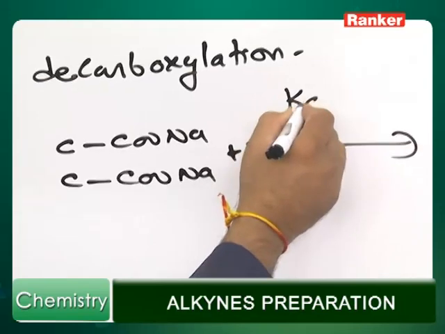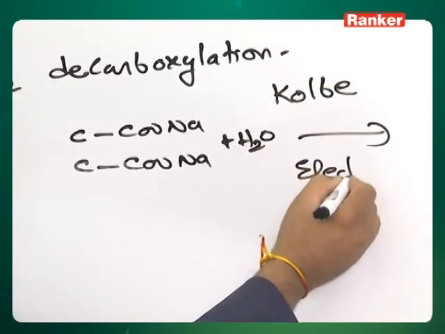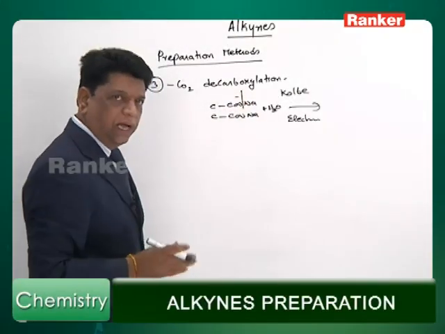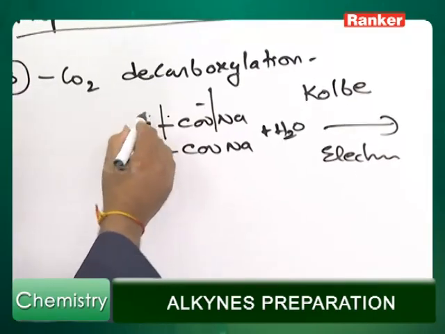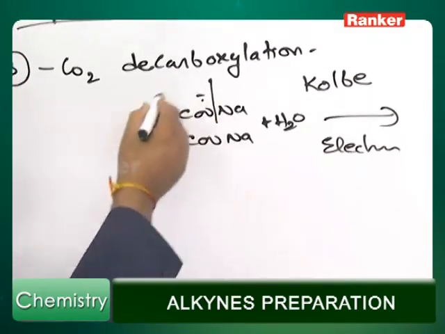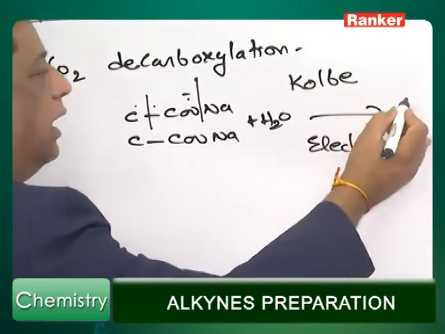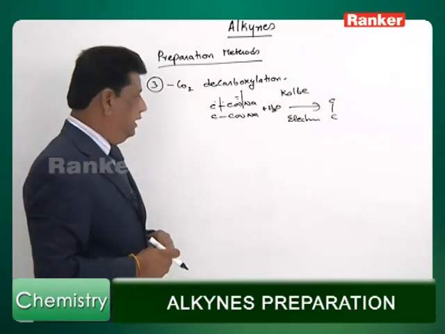This is Kolbe electrolysis. In the electrolysis, what happened? This anion goes to the anode, becomes a free radical and cuts into dot dot, and this dot will become CO2, and this dot joins, you will get an alkane. That was the preparation for alkane, in fact.